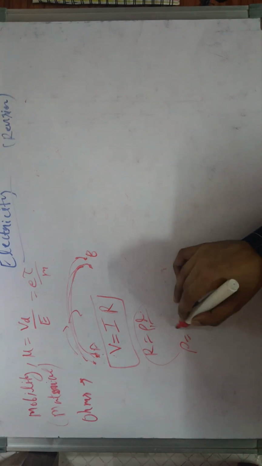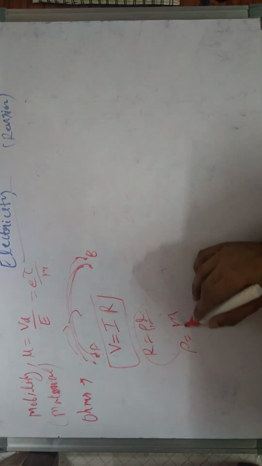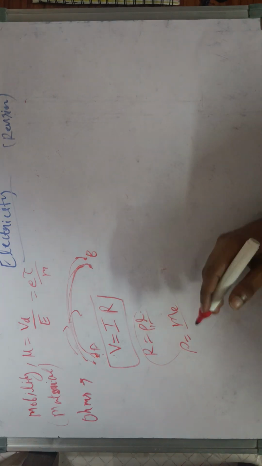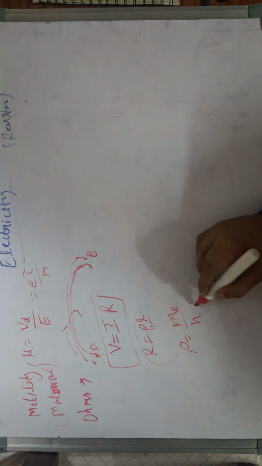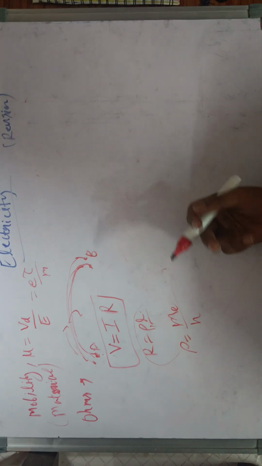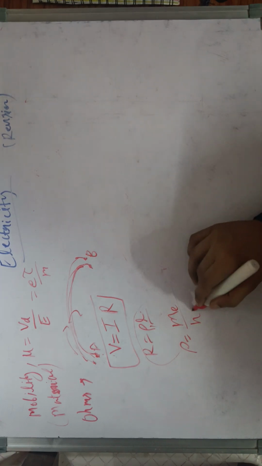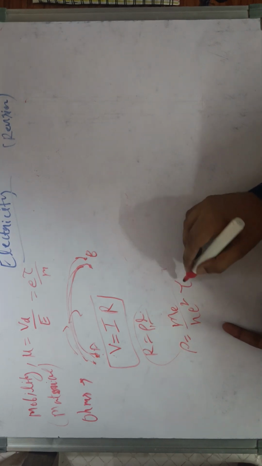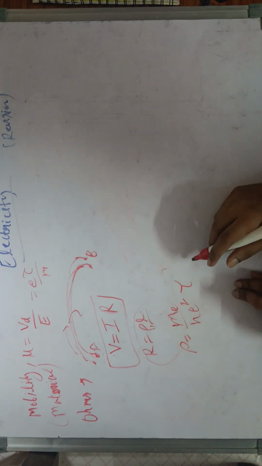So rho is equal to m over... mass. The more the mass of the electron, the lesser the velocity it would gain. The lesser the density, the lesser the number of electrons, the lesser the current. The lesser the amount of charge, the lesser the current. The lesser the time, the lesser the speed.